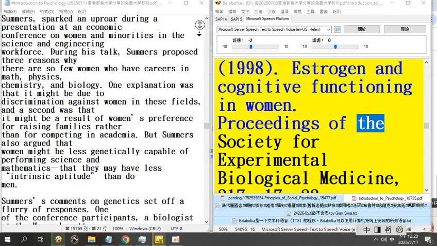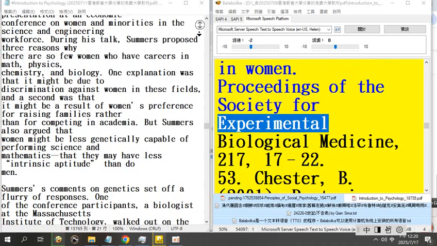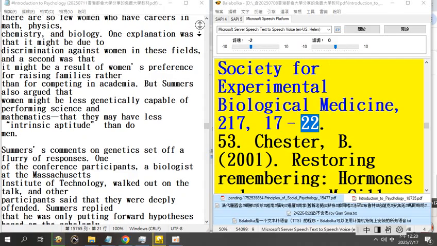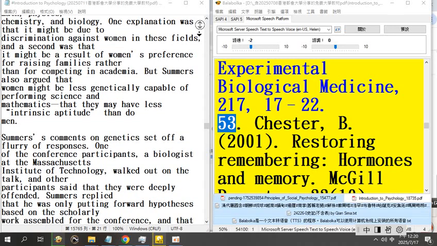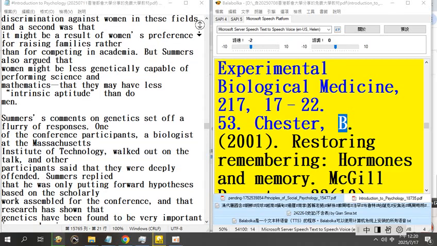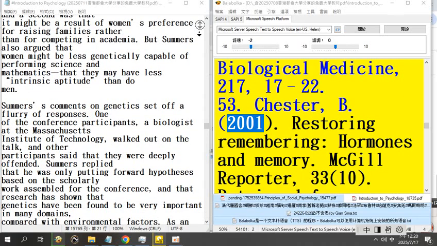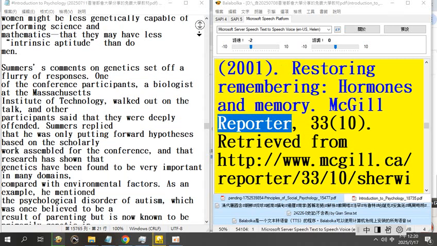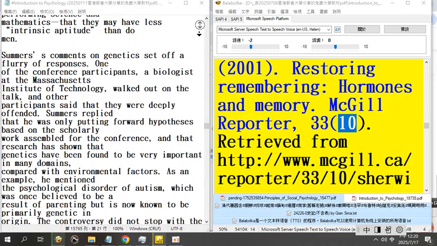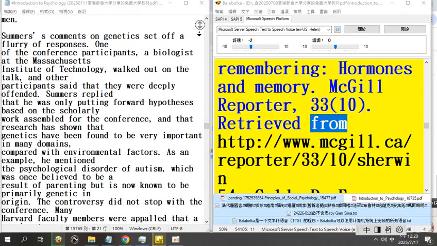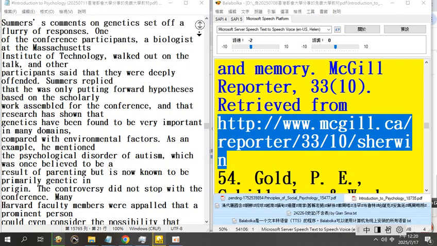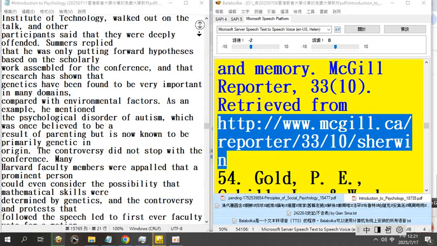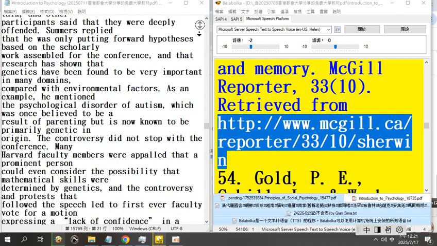Proceedings of the Society for Experimental Biology and Medicine, 217, 17-22. 53. Chester, B. 2001. Restoring remembering: Hormones and memory. McGill Reporter, 33(10). Retrieved from http://mcgill.ca/reporter/33/10. 54.